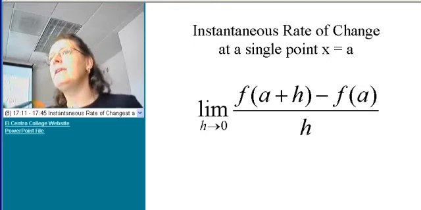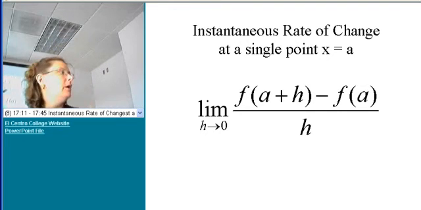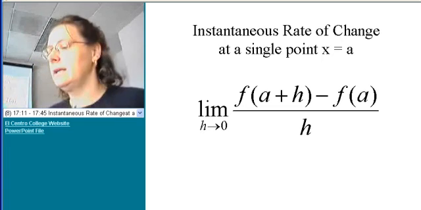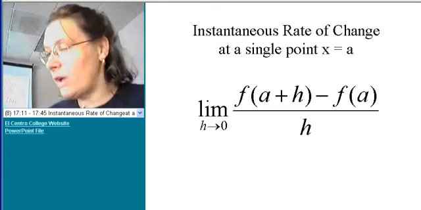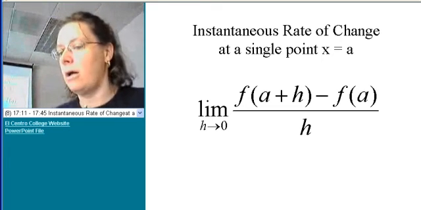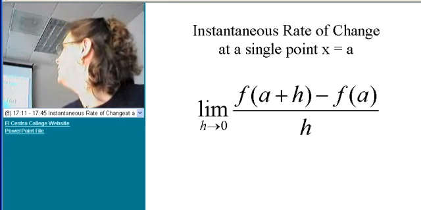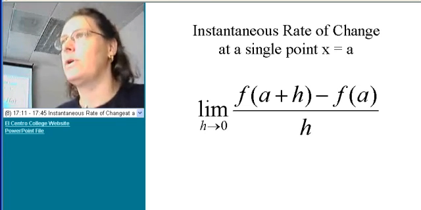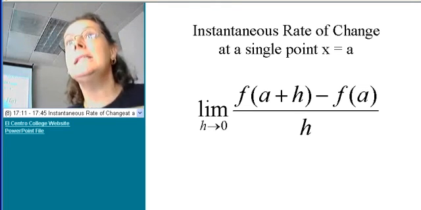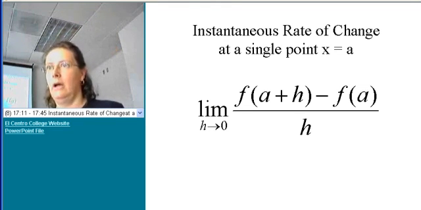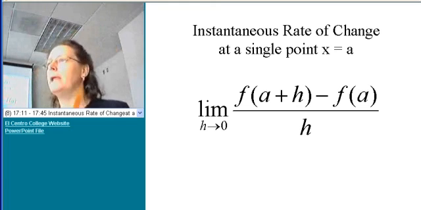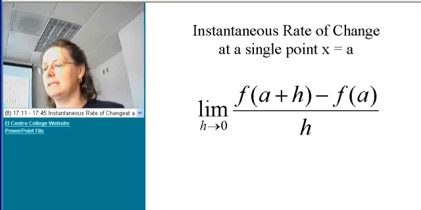At a single point, instead of looking over a time interval, at a single point in time, how is that function changing? That involves letting these h values get very, very small, letting h go to 0. So limit as h goes to 0, there's that difference quotient again. So the instantaneous rate of change, not over an interval, but at a certain instant in time, is this limit value.